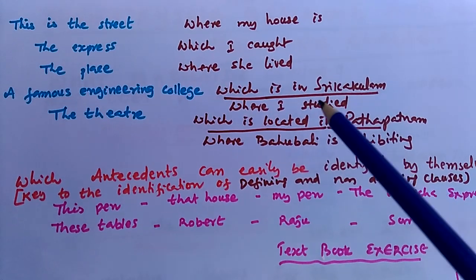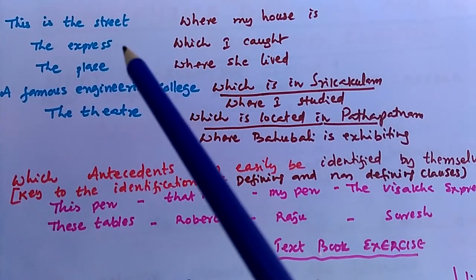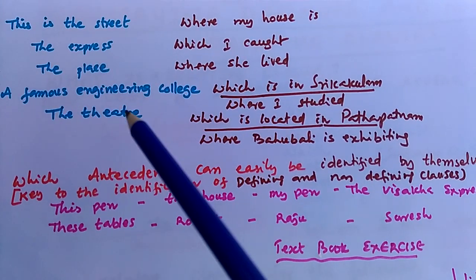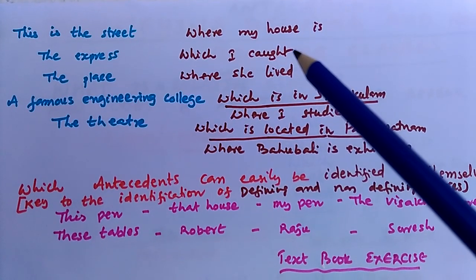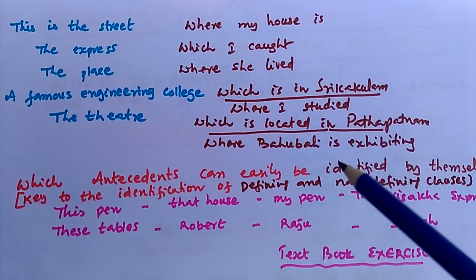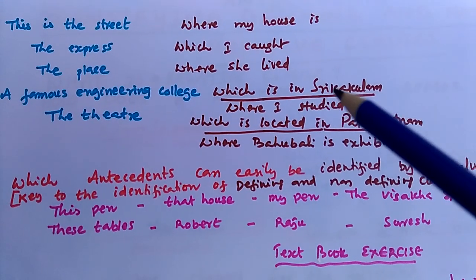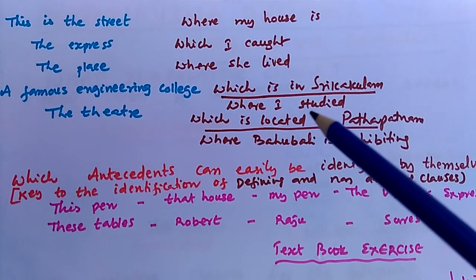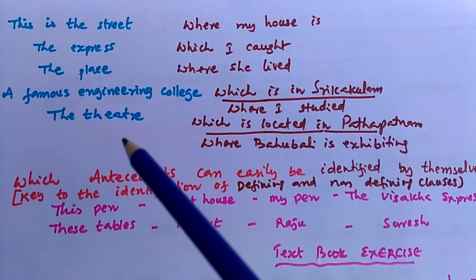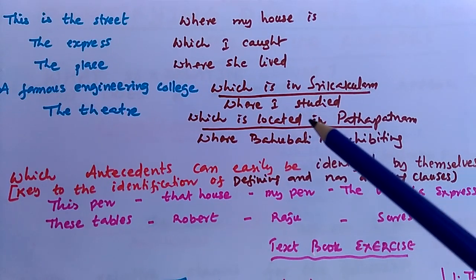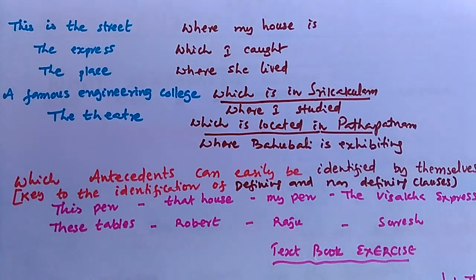Like this, without these antecedents, we cannot expect a relative clause. So the children will learn after these examples that without the antecedents, we cannot write a relative clause.